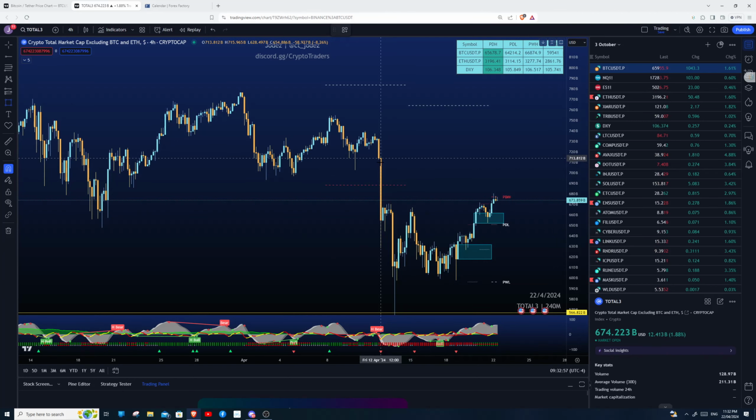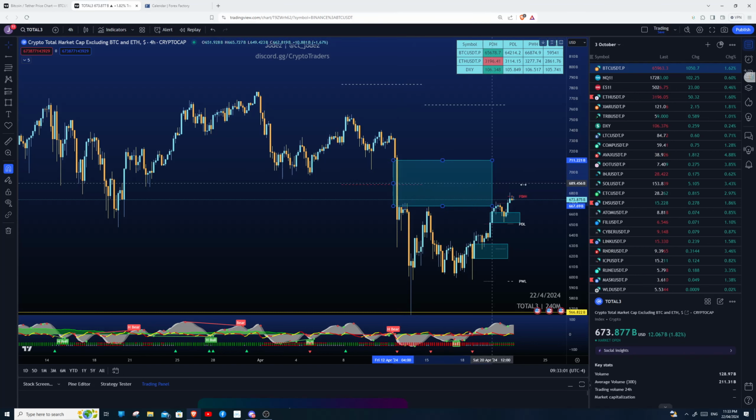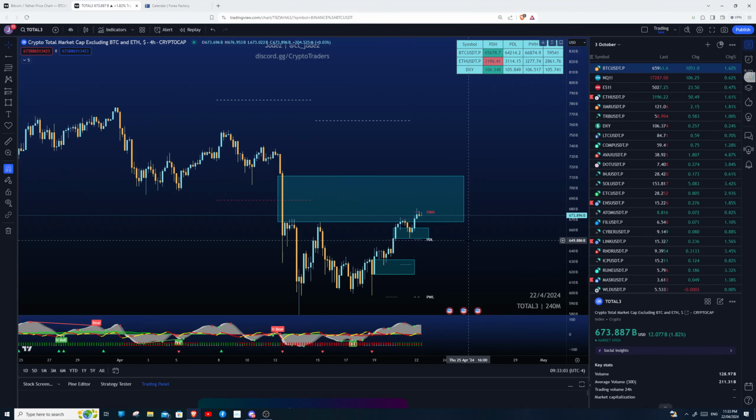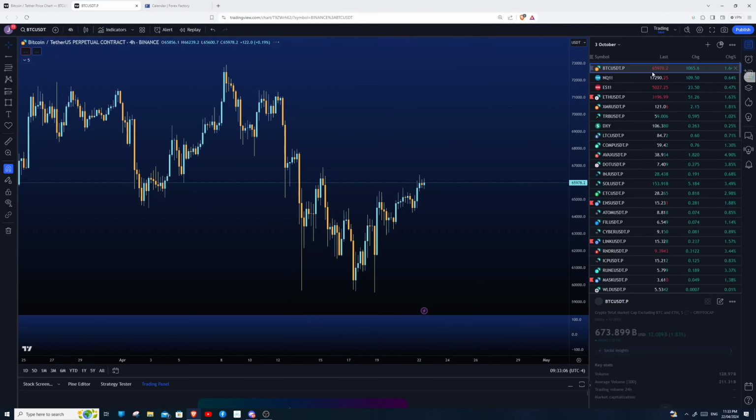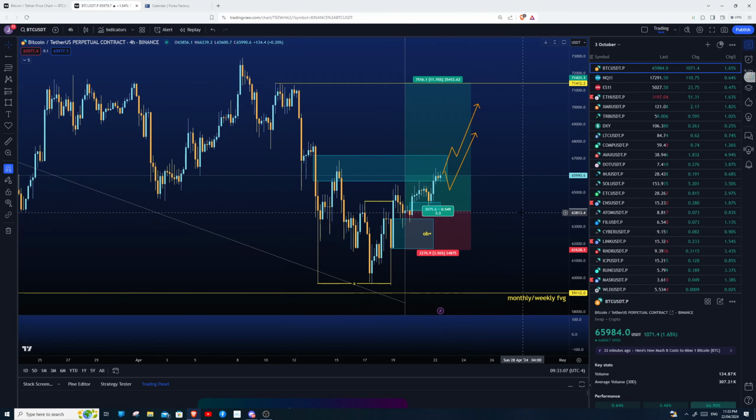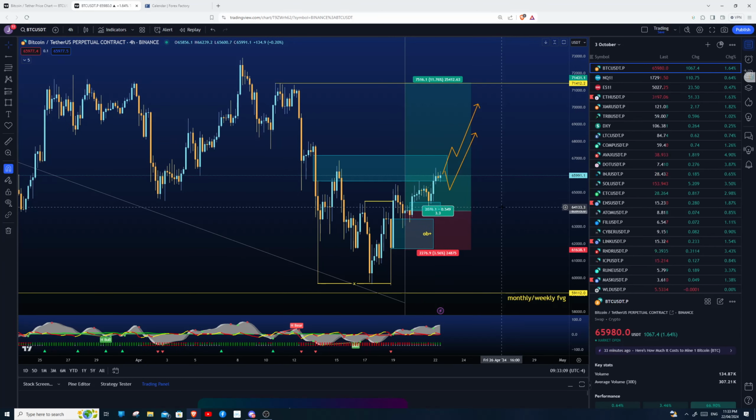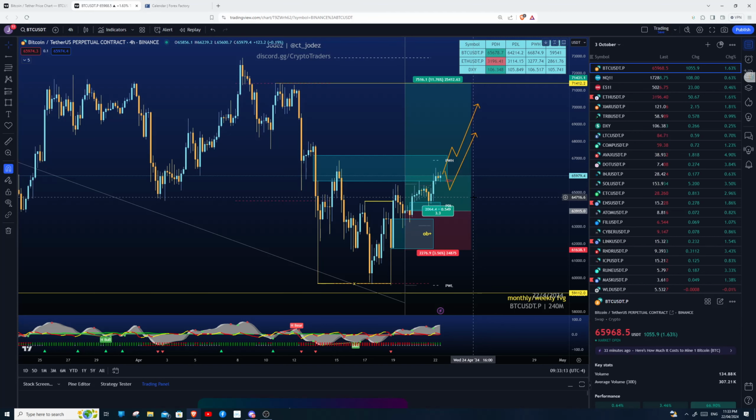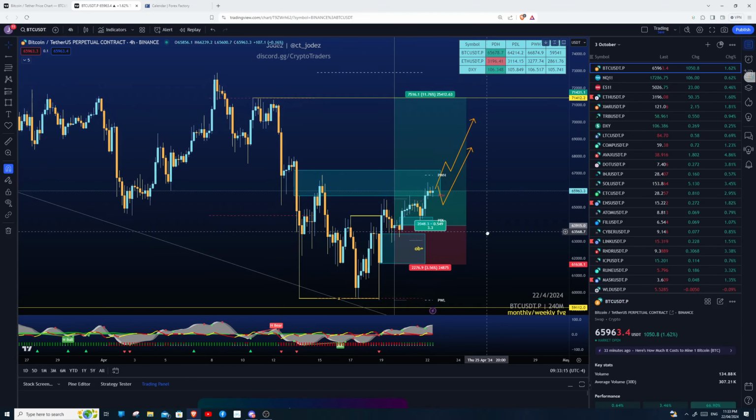It now has reached this H4 fair value gap resistance. So it's actually a pretty similar outlook to Bitcoin here. It can either retrace a bit, move back up, or just continue up and reclaim that level.